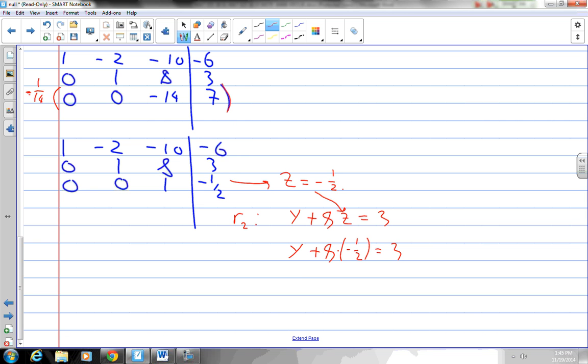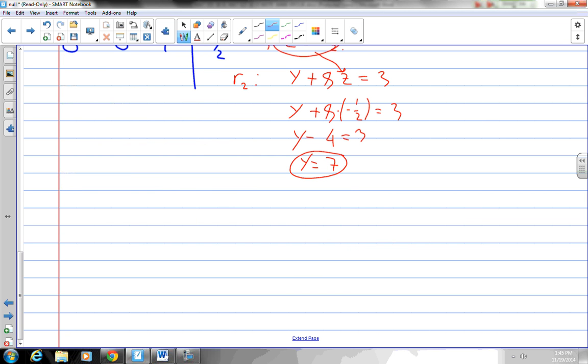So this is y minus 4 equals 3. So y equals 7. Right? So then I know z and y, and I can go back to the first row, plug in z and y, and find x. So kind of the back substitution still there.